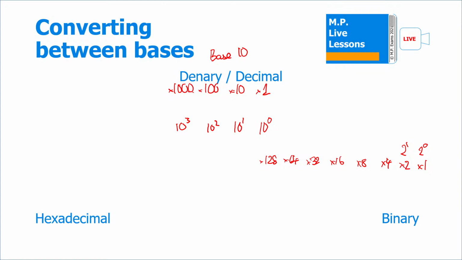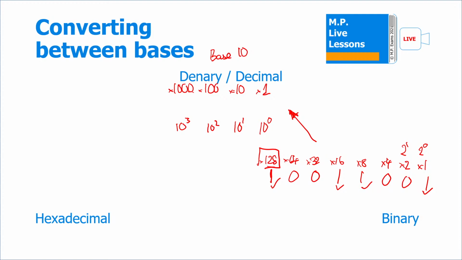So for example, if you're converting from binary to denary, what you do is you see if there's a 1 in the column, you'll take the number and you'll add it onto your total. So for example, if I have the pattern 1 0 0 1 1 0 0 1, you'd add up all the numbers in this column here that have a 1.